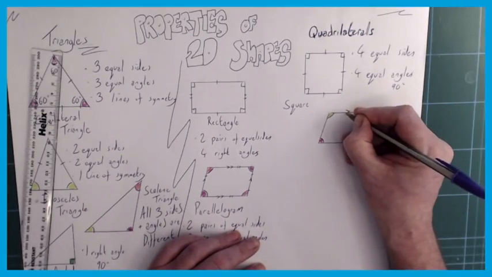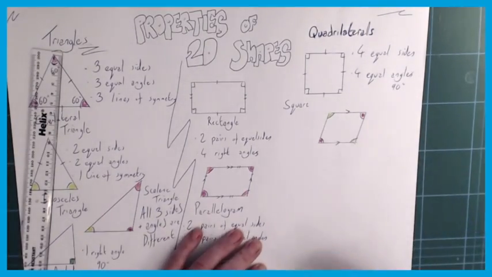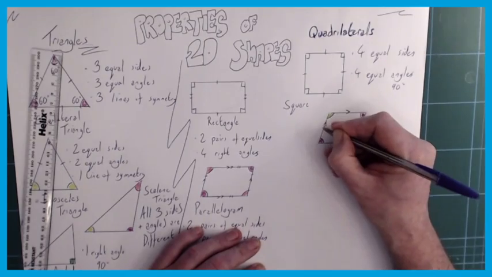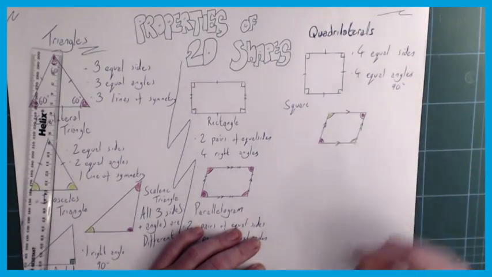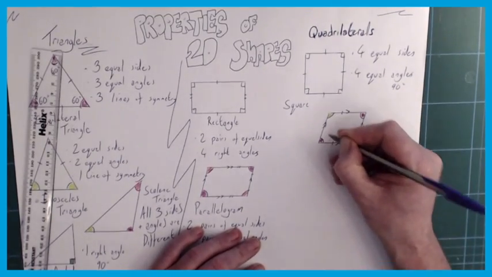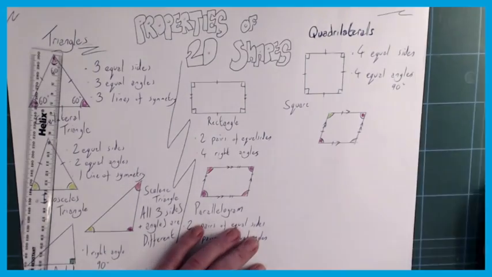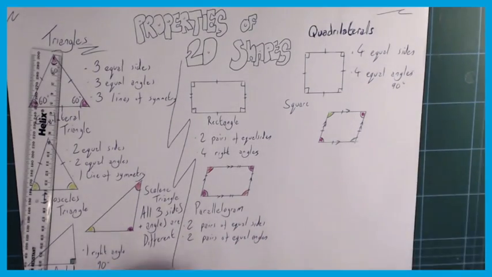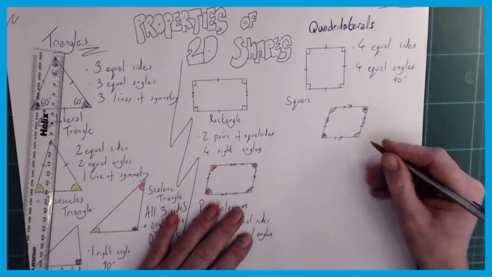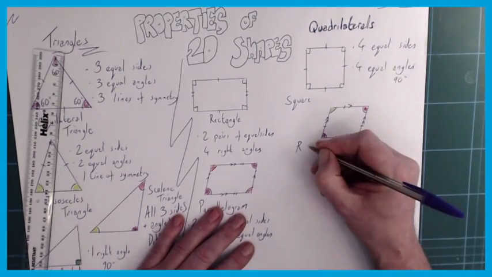These sides are parallel, and these sides are parallel, and all four sides are equal. So what is this called? This is called a rhombus.